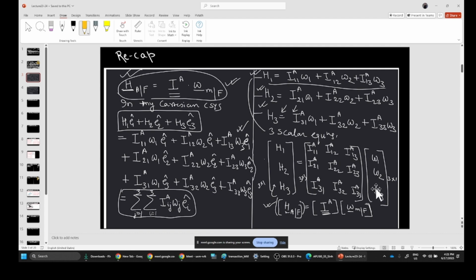So when it is a vector, there are 3 scalar components and we need only one index, omega 1 or omega 2 or omega 3, to denote the scalar components of a vector. But when it becomes a second order tensor, you need 2 indices to specify which scalar component you are talking about. So you can have a component as IA11, IA12, IA13 and all the way to IA33. 9 scalar components, and those 9 scalar components indeed are appearing as a matrix here, right?